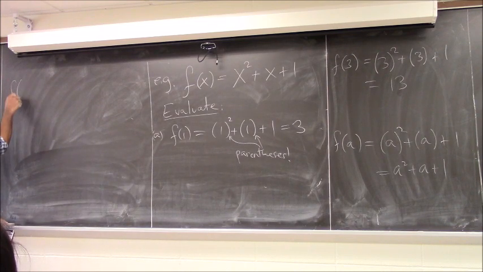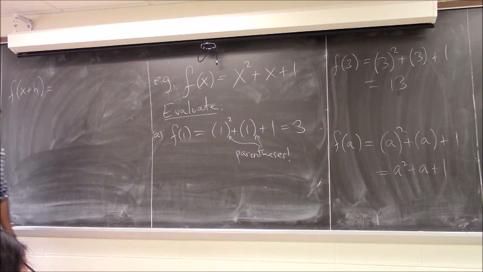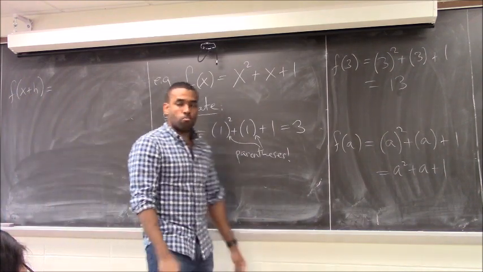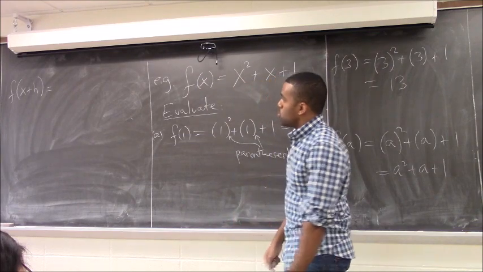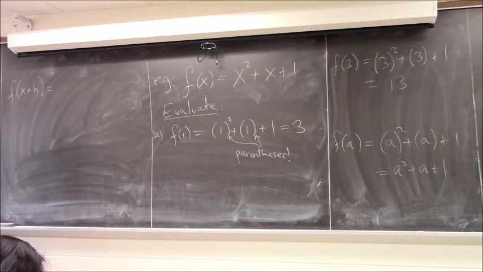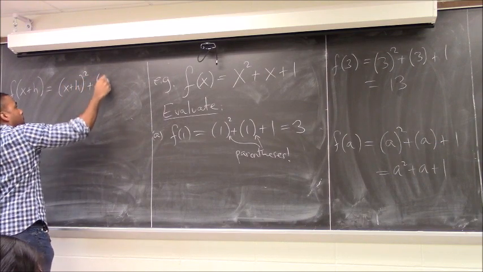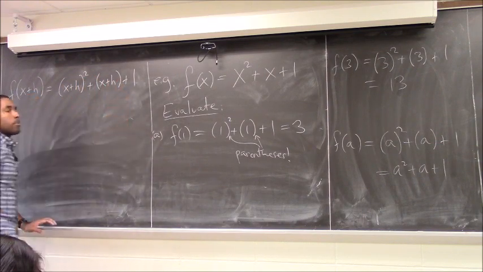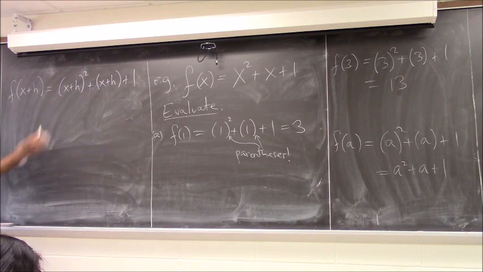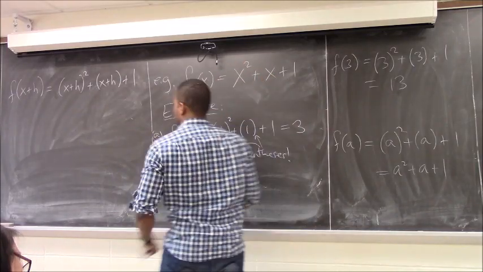What about f of x plus h? It's (x plus h) squared plus (x plus h) plus 1. Everywhere I saw that x, I replaced it with an x plus h.